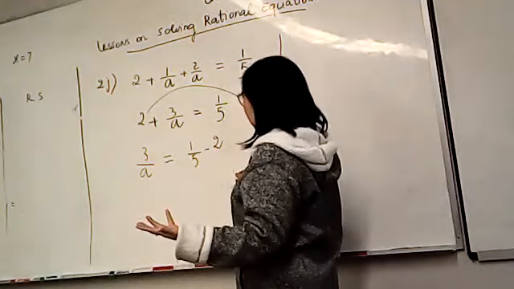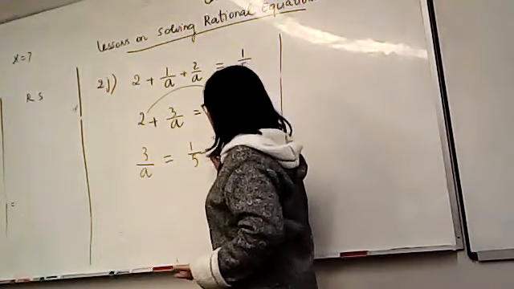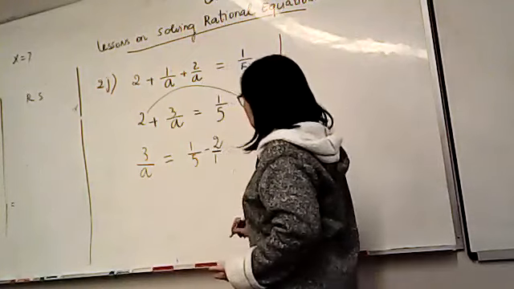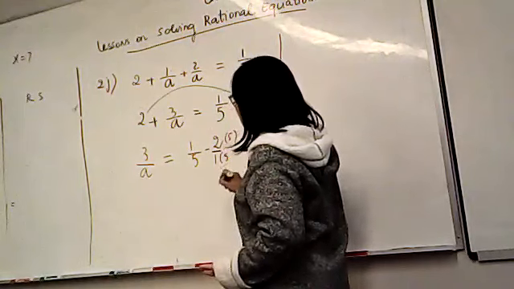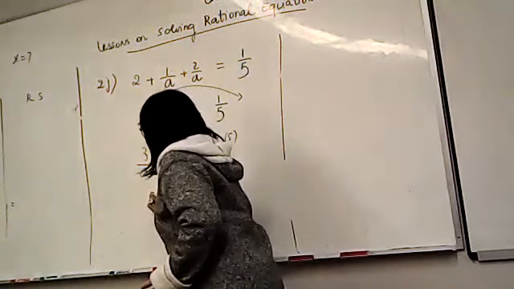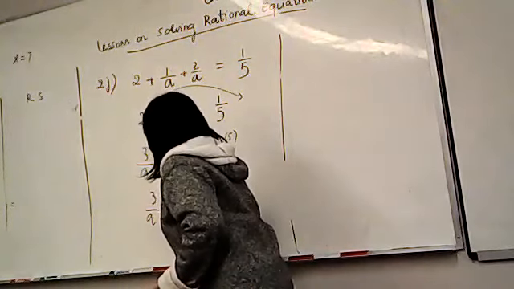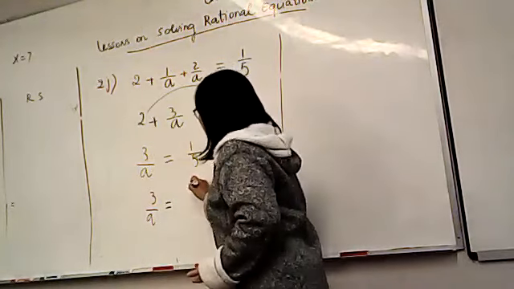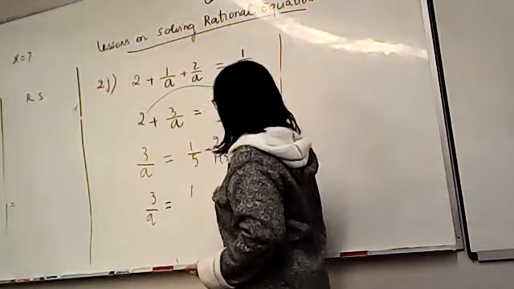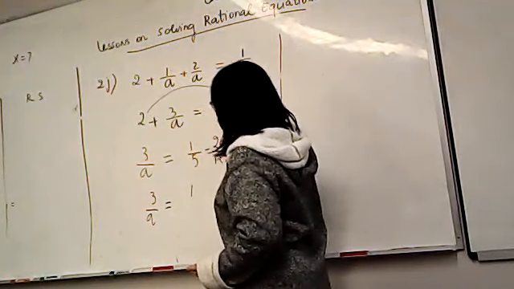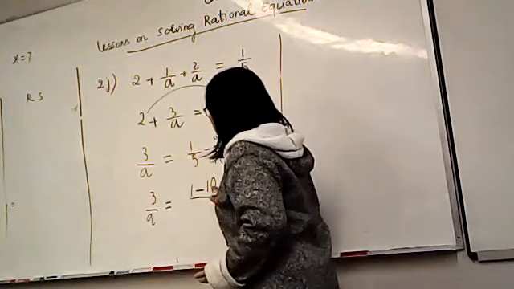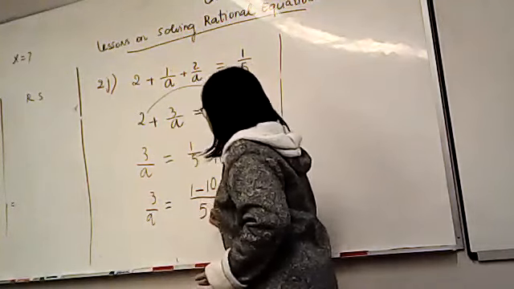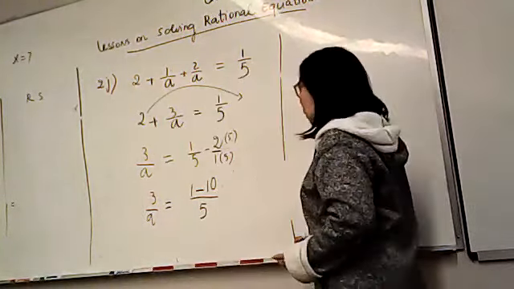So we can simplify that. Let's make 1 underneath, and times this 2 with 5 on top, times with 5 to make the same common denominator. So we have 3 over A equals 1 on top minus 10, so 1 minus 10, all of them over 5. Same common denominator. Any questions for that?